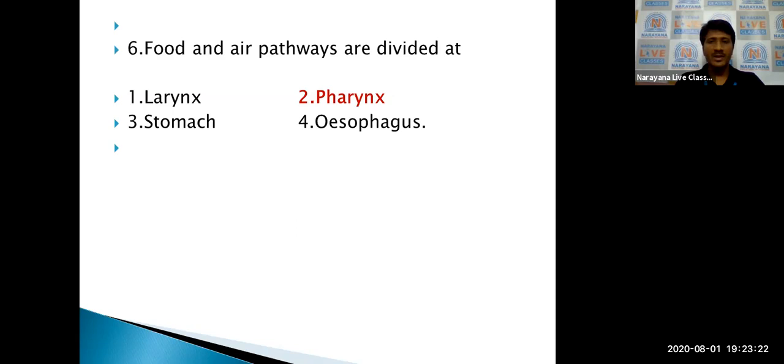One way is the trachea, the other way is the esophagus, followed by the stomach. The airway, the trachea, is again divided into left and right bronchi, and the bronchi are divided into primary, secondary, and tertiary bronchi. At the ends of the bronchi are the alveoli. So the food and air pathways are divided at the pharynx.